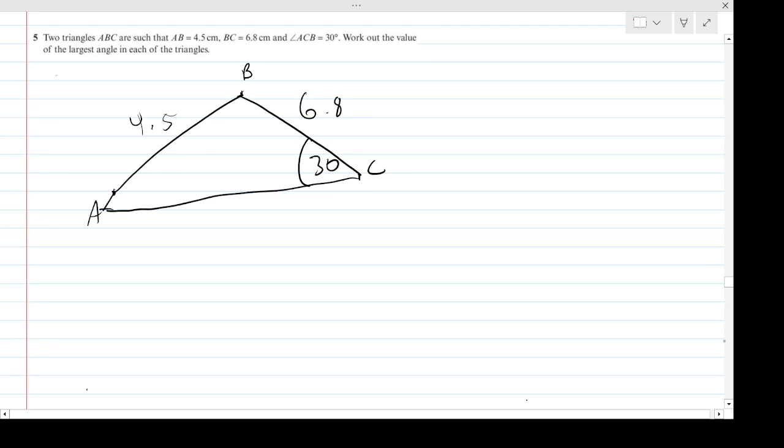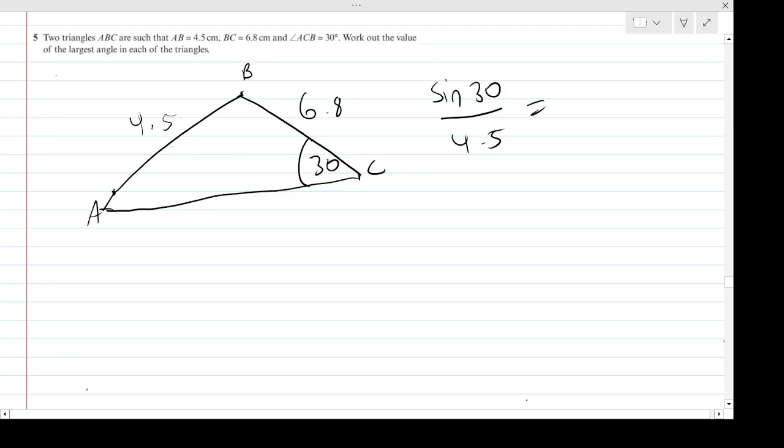Well, then it's a sine rule, right? Because obviously the key idea of the sine rule is we're dealing with two angles, two sides, right? So this 30 is opposite to the 4.5, so we're going to have sine 30 over 4.5, and it's going to equal another pair of opposite angles and sides.